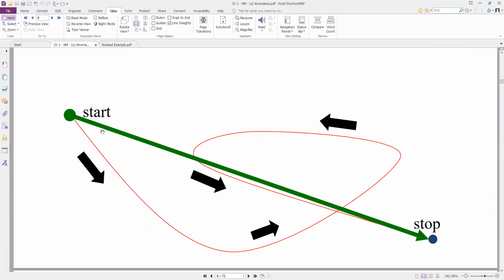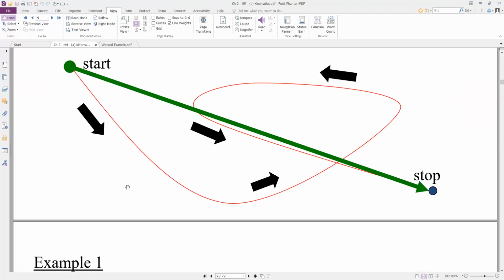The green line we call displacement. And what about the red one? Again, it starts from the same point and ends at the same point, but takes a long path. This we call distance, and this we call displacement. Displacement can equal distance, but distance does not always equal displacement.